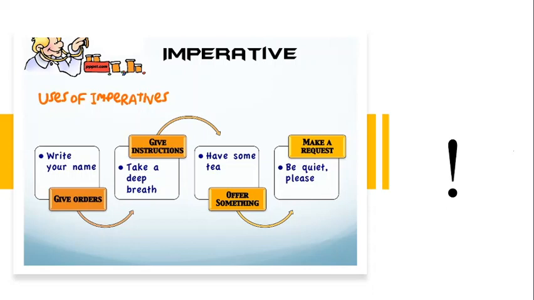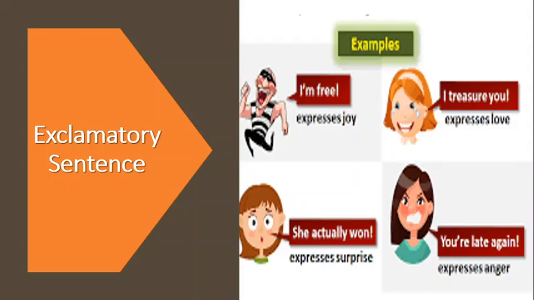Take a deep breath, you are giving an instruction. Have some tea, you are offering something. Make a request: Be quiet, please. So what you should observe here is that each of these sentences begins with what? A verb. Thus, every statement sentence that begins with a verb is an imperative sentence. Take that rule.